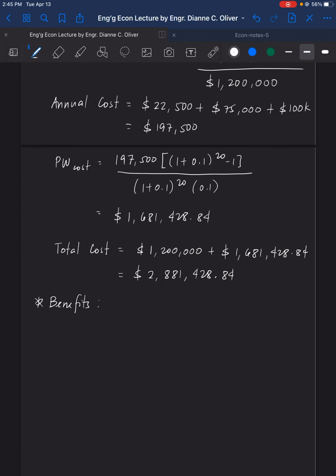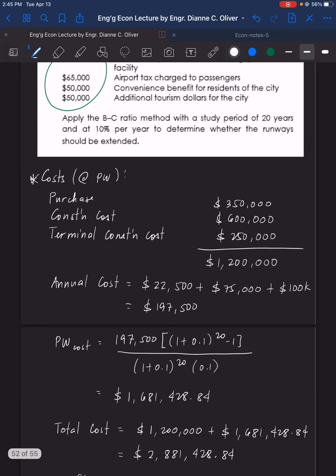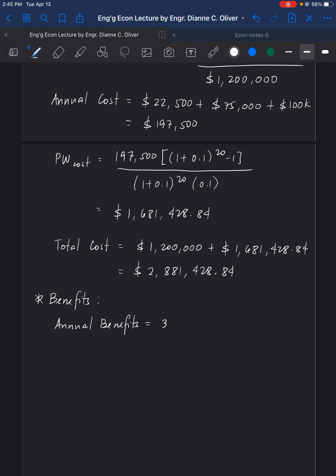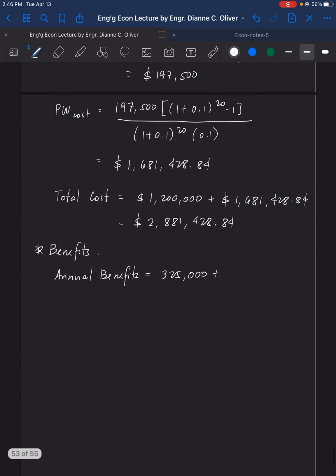So total benefits or annual benefits is equal to 325 plus 65, 50, 50.